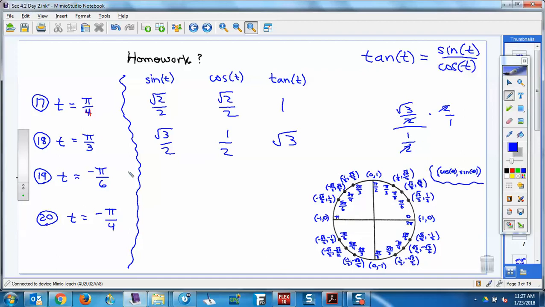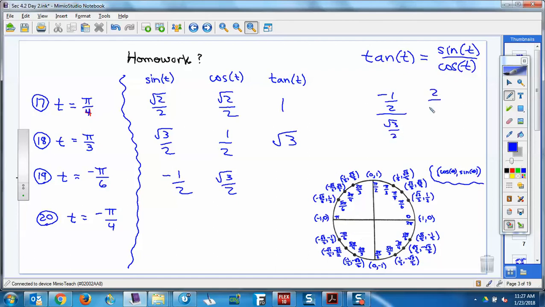All right. And then negative pi 6. Well, now you got to know that that goes down here. Negative pi 6 goes down here. Okay? So what's the sine? Negative 1/2. Positive root 3 over 2. And then what do we got here? How do we want to write this? It's y divided by x, so it's going to be negative 1/2 divided by root 3 over 2.